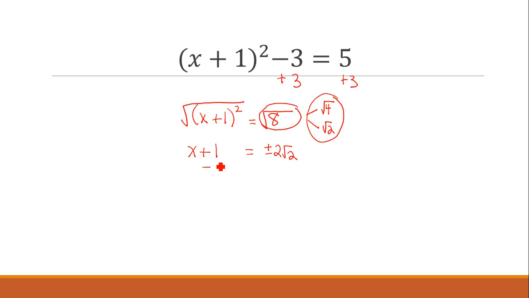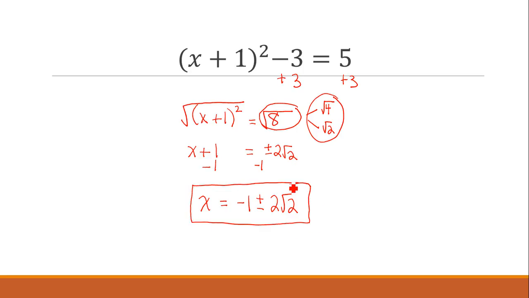Last but not least, I would subtract the 1 away from the x, so I'd have x equals -1 plus or minus 2 square roots of 2. And I would leave my answer just like this. That's what x equals without having to find any decimal approximations. So that's how we would solve by simplifying a square root.